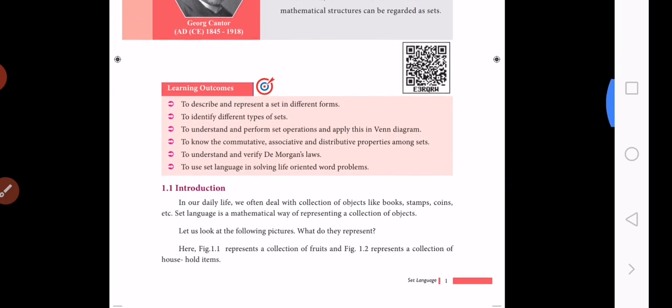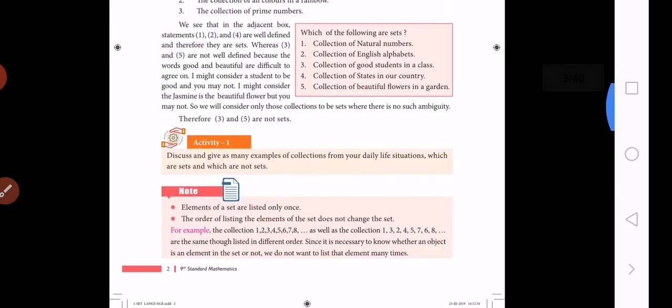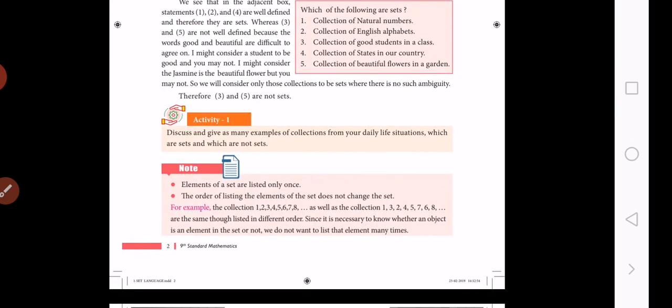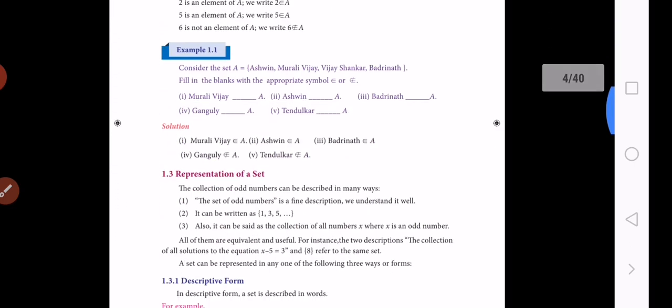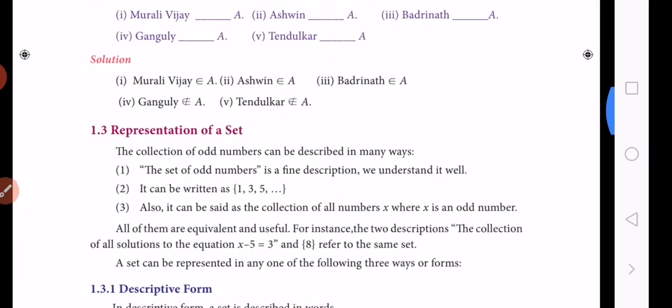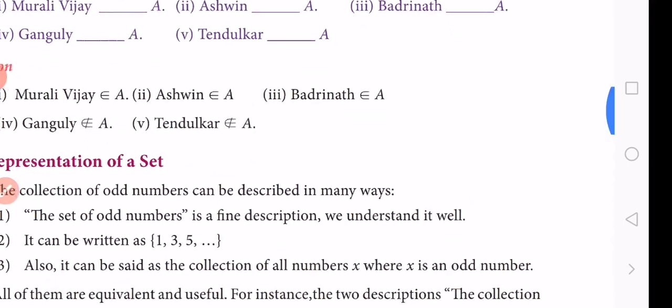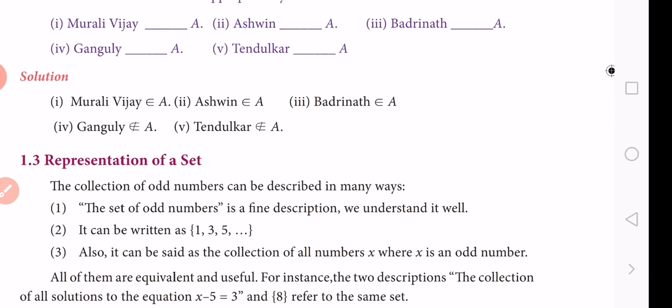So in our last class, we discussed the three types of representation of a set. A set is represented in three different ways.